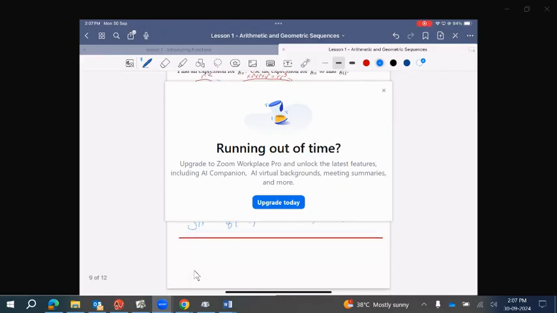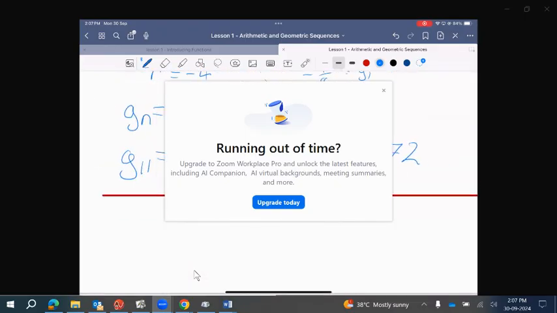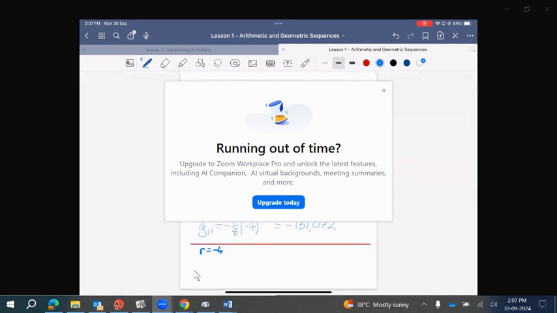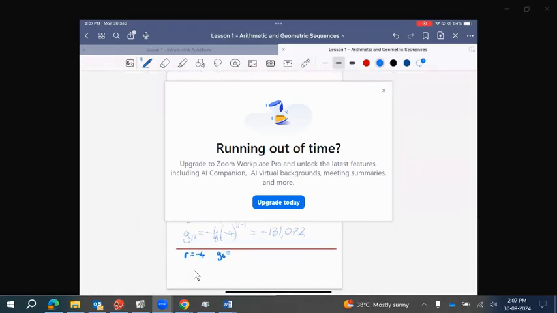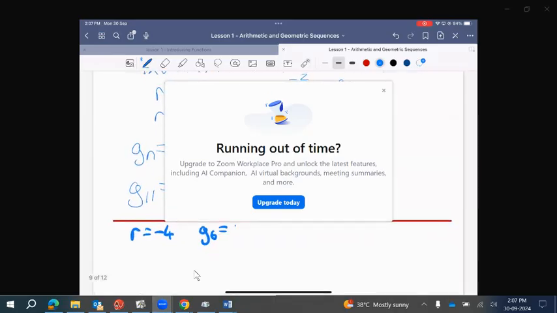So we find that R is equal to minus 4. We know that the sixth term in the sequence is equal to 128. And we wish to get to the 11th term in the sequence. How many lots of R will get me from the 6th to the 11th?